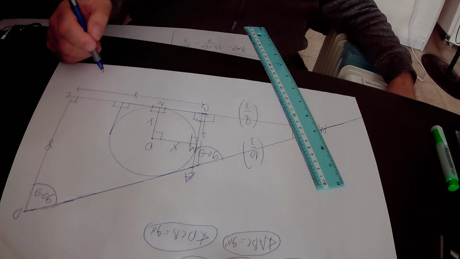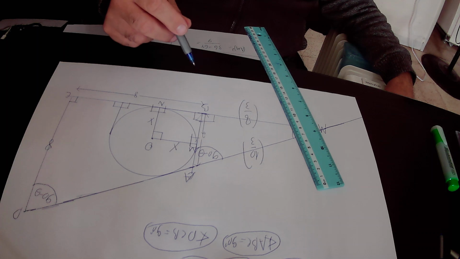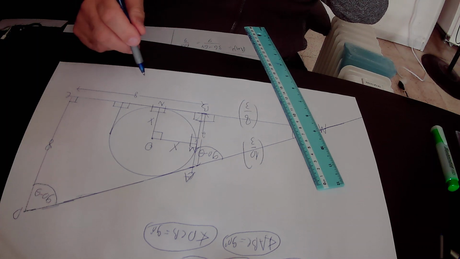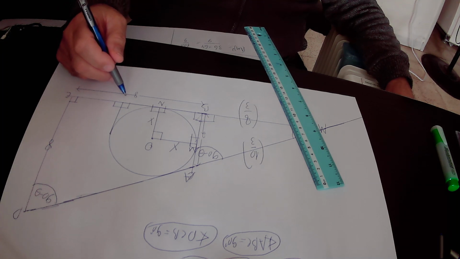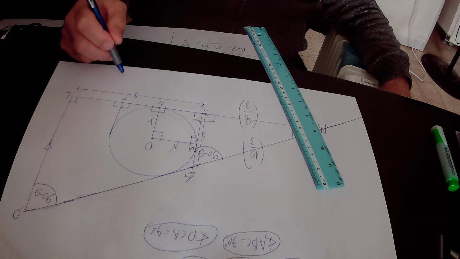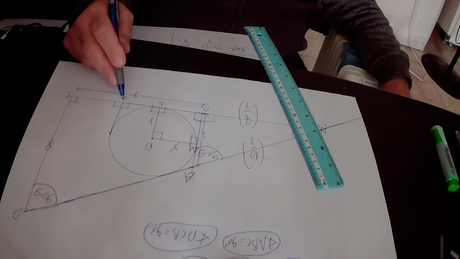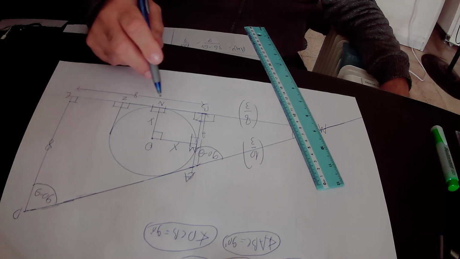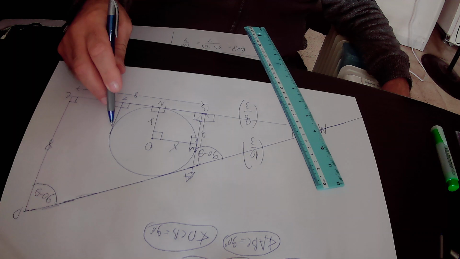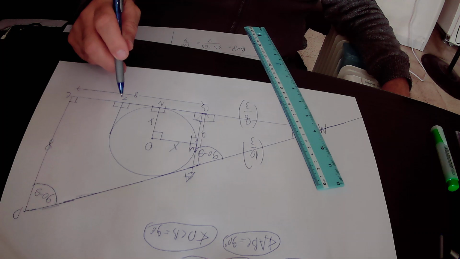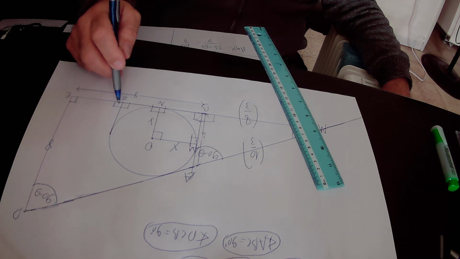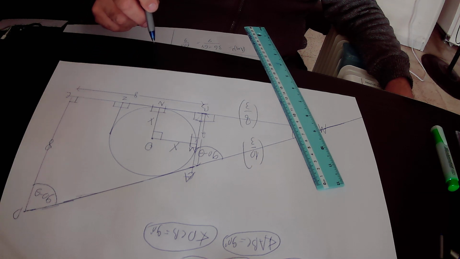We define the point of tangency with BC as point Z. We go perpendicular, so at this point we have an angle of 90 degrees.